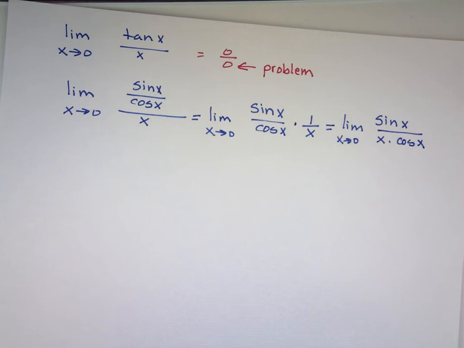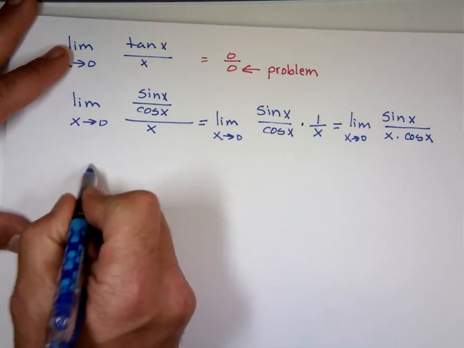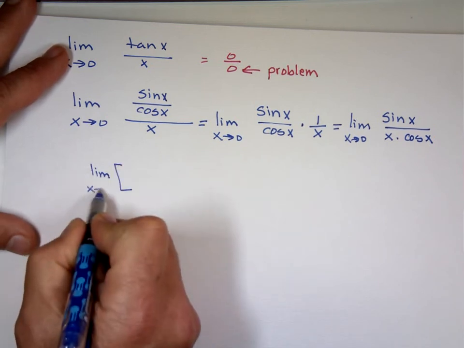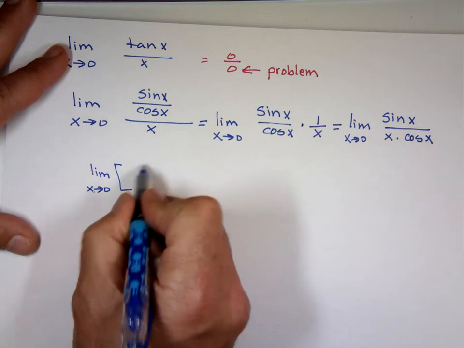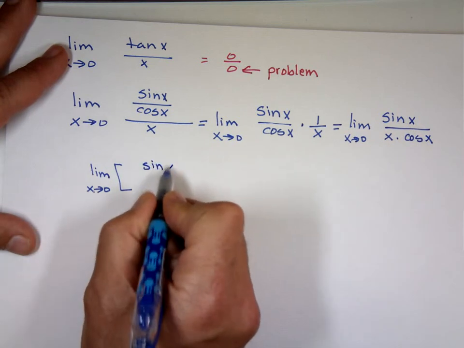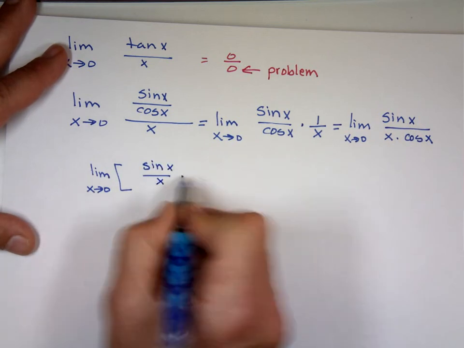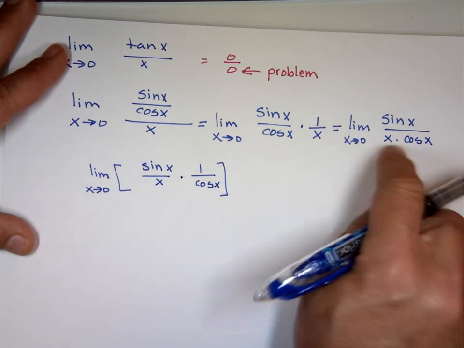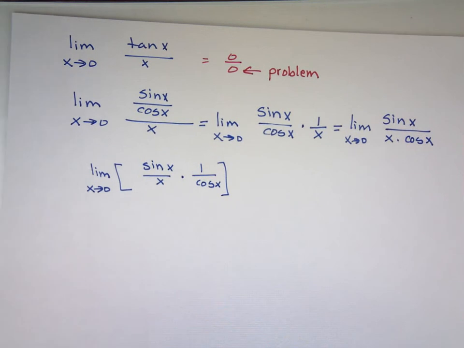And now I can break it down to two problems. I can say, you know what? That looks to me, I can write that, instead of leaving it the way it is, can I write that as sine of x over x times 1 over cosine x? Can I just take this one and rewrite it like that? It's the same thing.